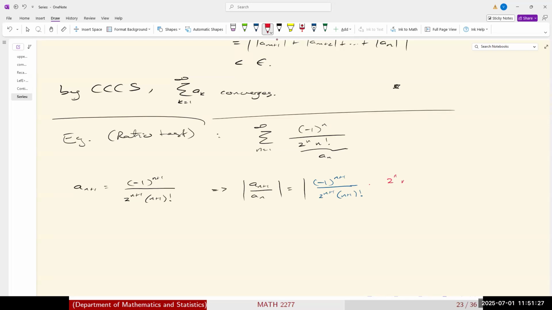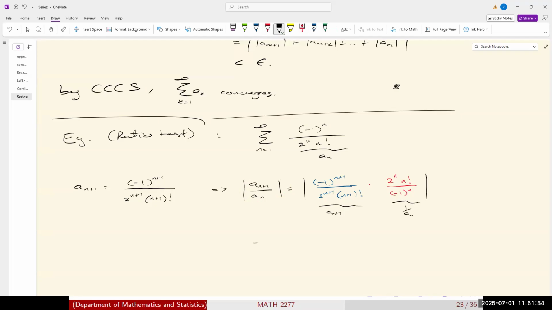So it's 2^n n! all over (-1)^n. This term here is a_(n+1), and this term here is 1 over a_n. When you multiply them together, you of course get a_(n+1) over a_n.